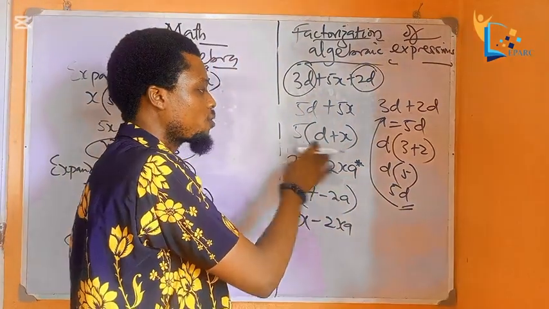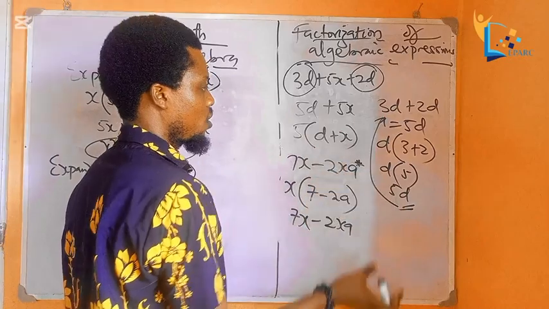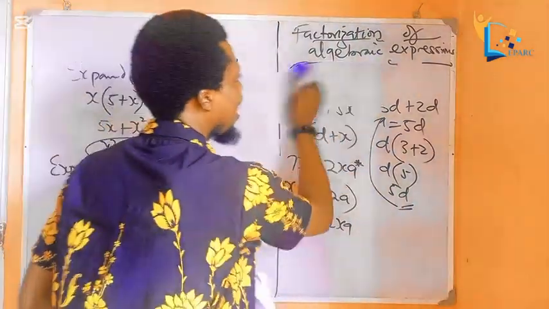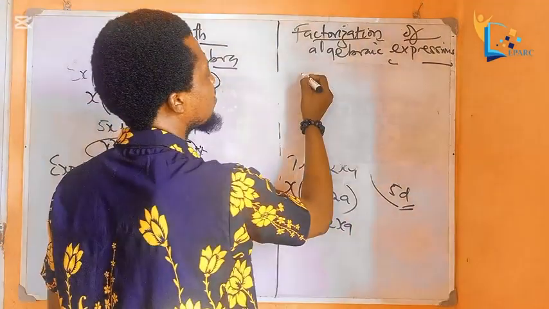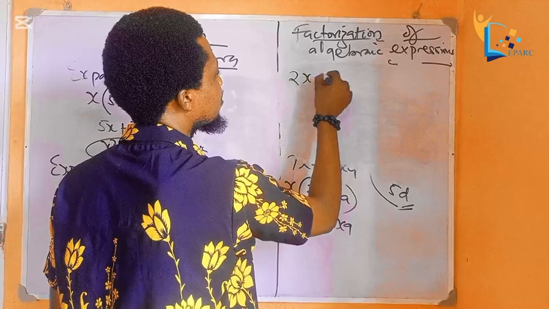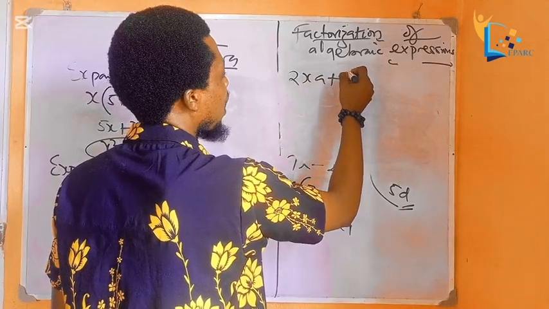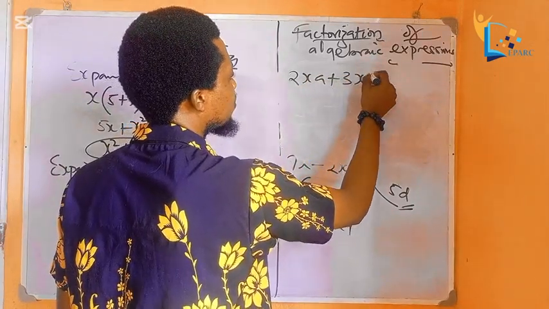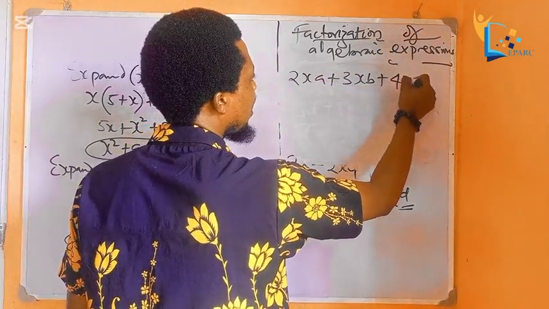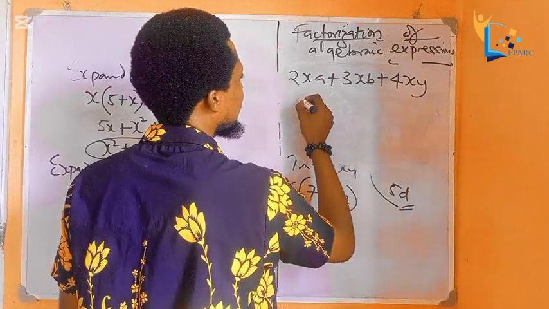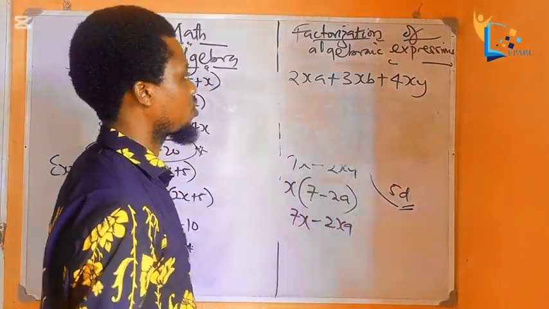You look for a common factor in the expressions. Let's take for instance we have 2xa plus 3xb plus 4xy. Yeah, let's take something like this for instance.